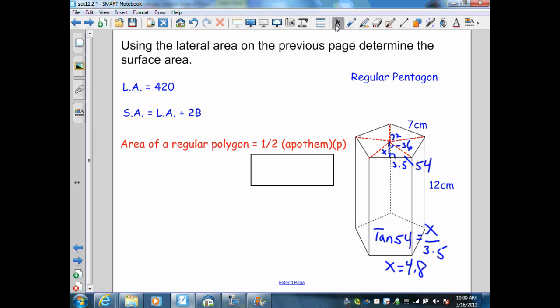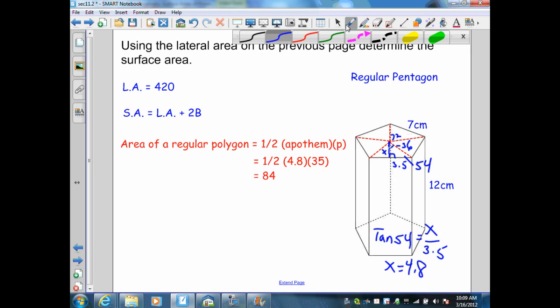Now, what I do is substitute that into my formula. 1/2, the apothem, 4.8, and P is the perimeter. And 5 times 7 is 35. And when I substitute in, I get a value that is equal to 84 for the area of this regular pentagon.